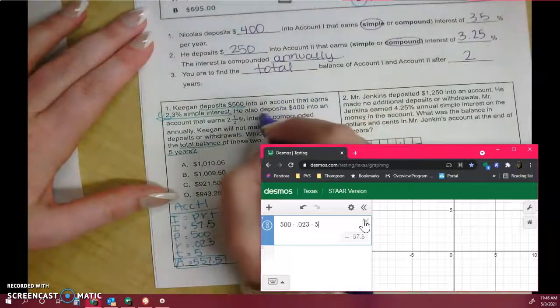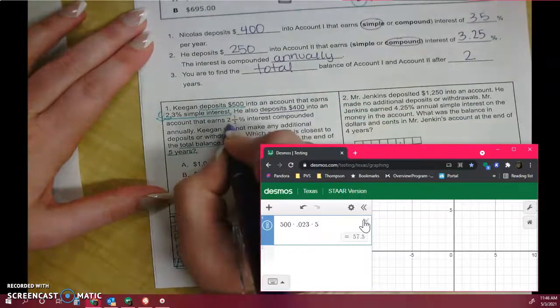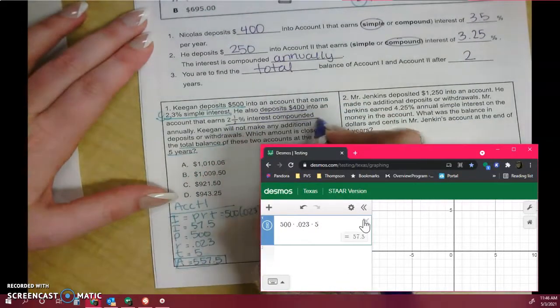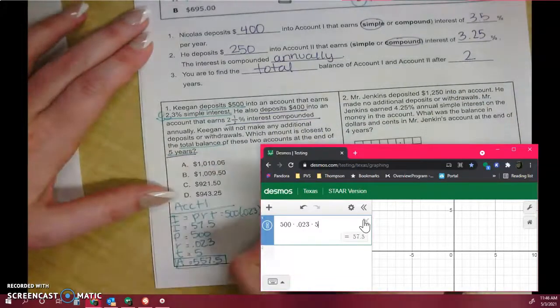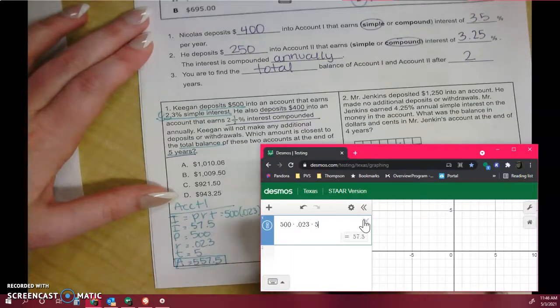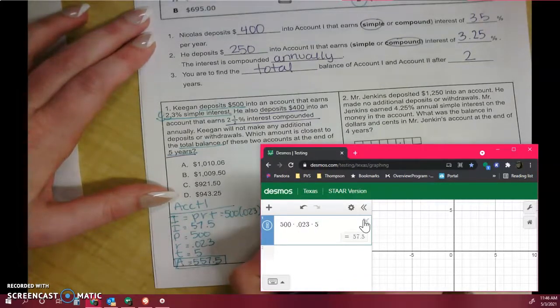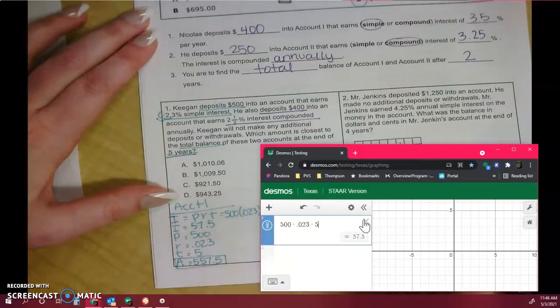Account 2, he deposits $400 and it earns 2.5% interest compounded for 5 years. So it is compound, so we are using that formula. So A, P, R, T, and then I. We are looking for A. So our principal is 400.